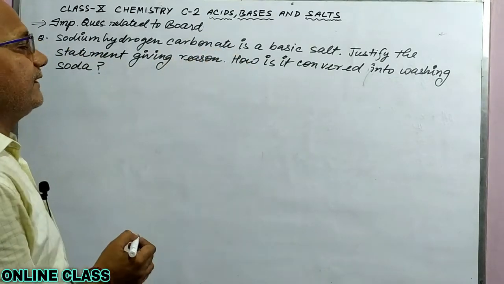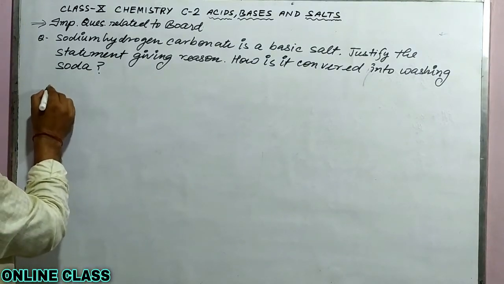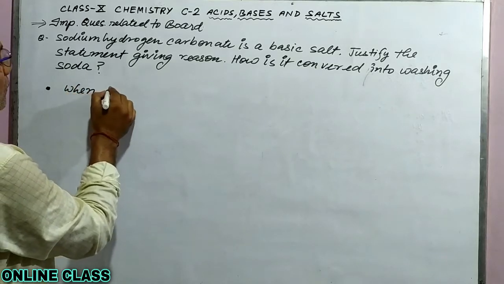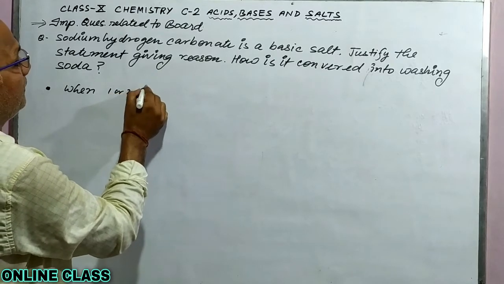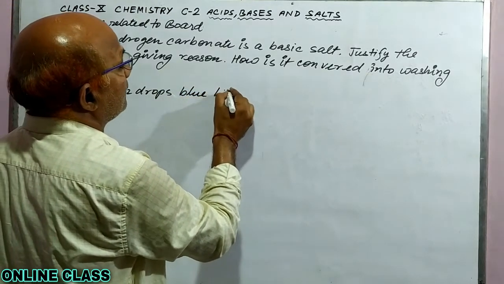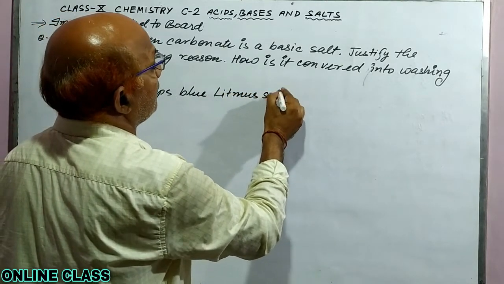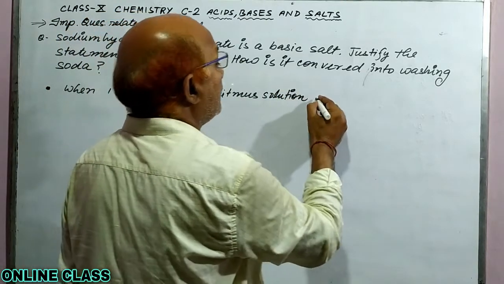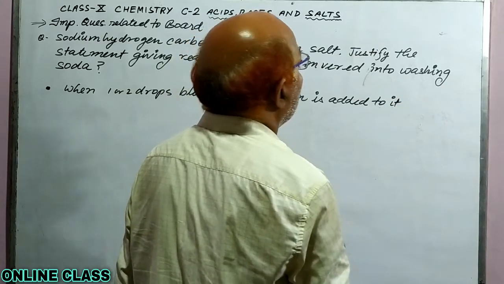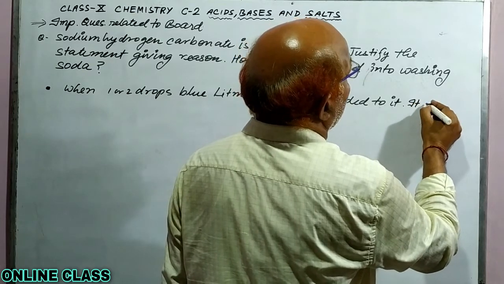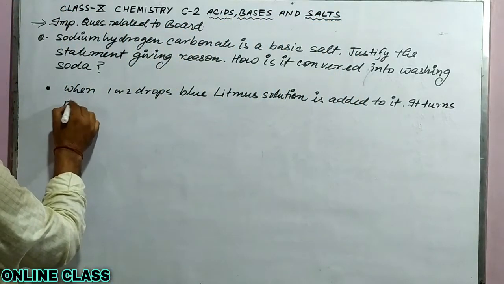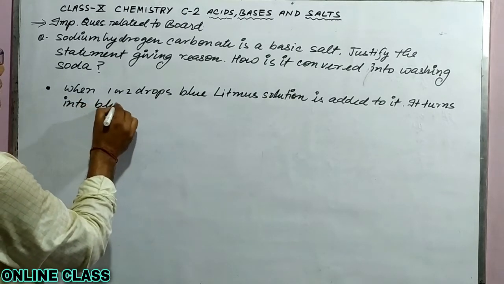Sodium hydrogen carbonate is a basic salt. When 1 or 2 drops of blue litmus solution is added to it, it turns blue.